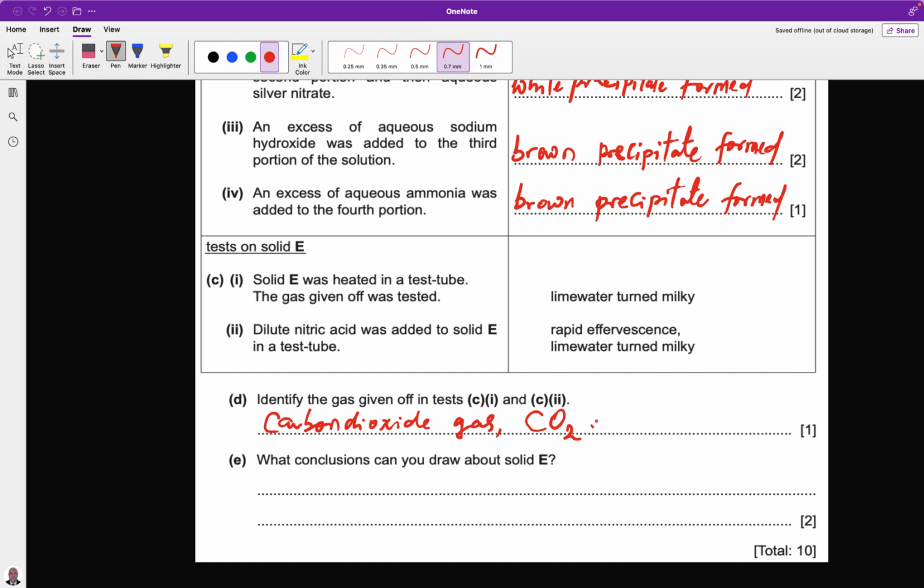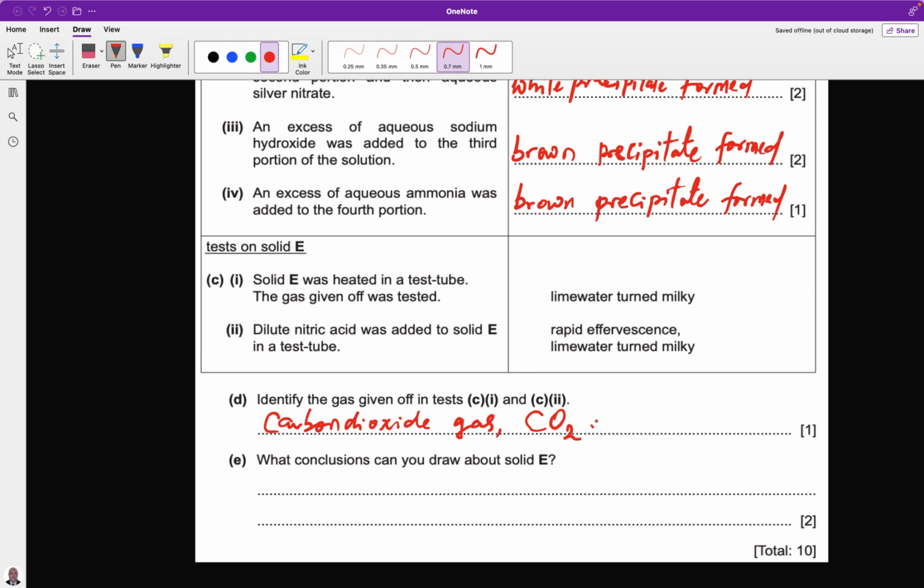Remember, when acids react with carbonates, there is always a release of carbon dioxide. We are told dilute nitric acid was added to solid E, there was effervescence, and the gas released turned lime water milky.